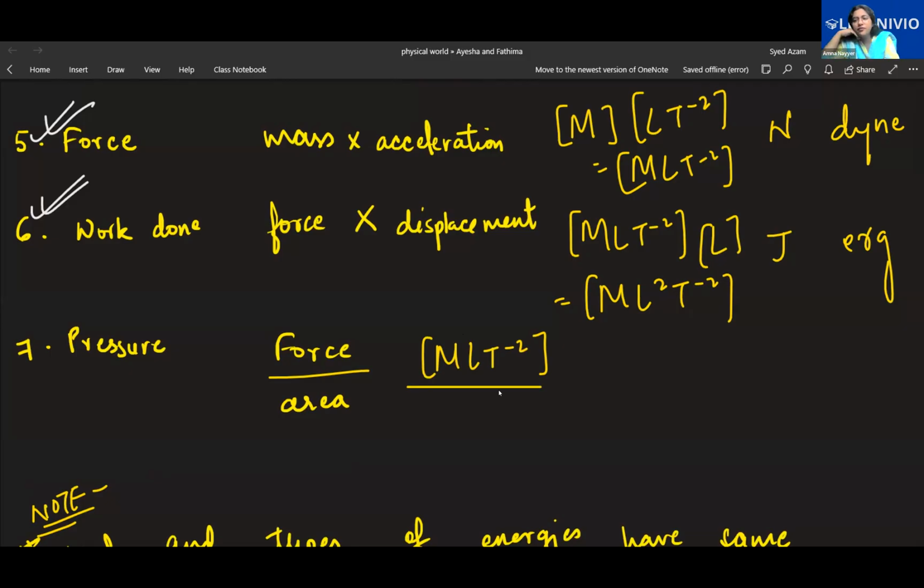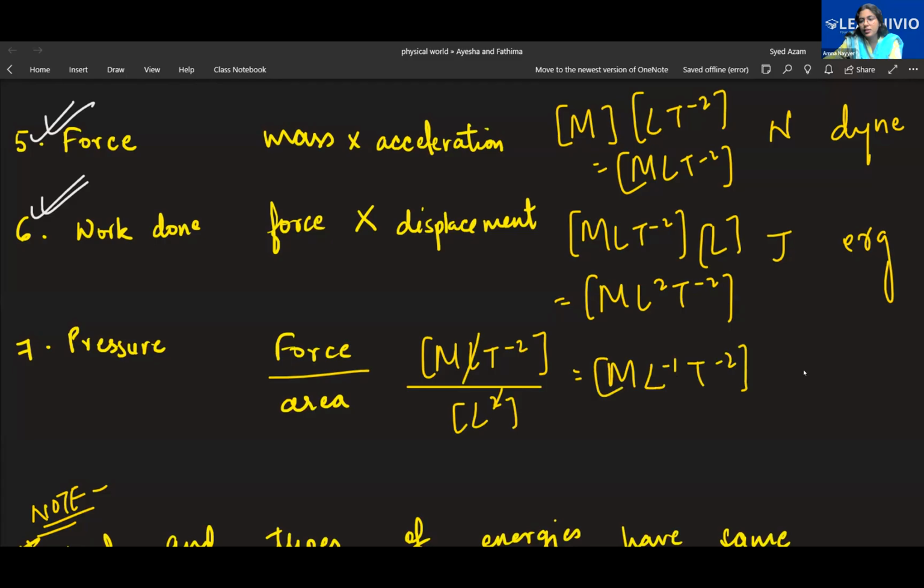Check the notes. Yes, L square. So look here, this L will cancel one of the lengths. We will be left with M. This is L in the denominator; when it goes up, it will become L to the power -1. T to the power -2.